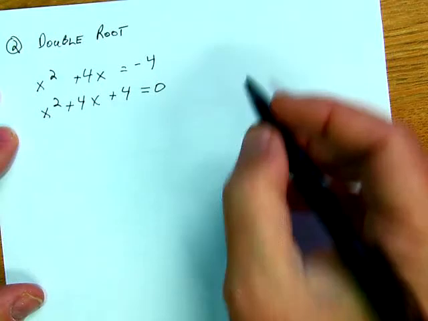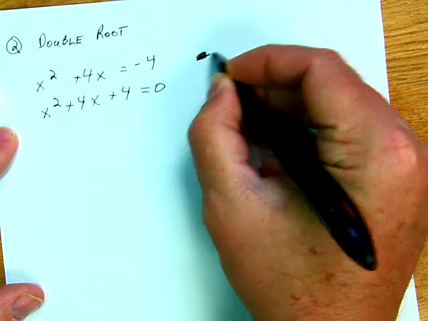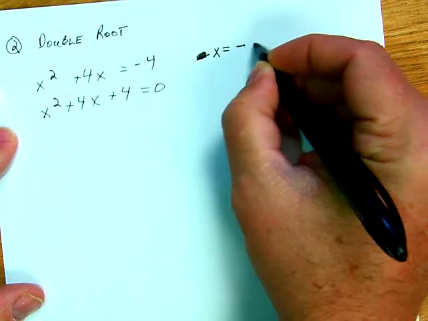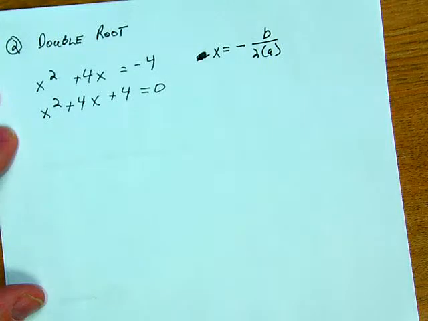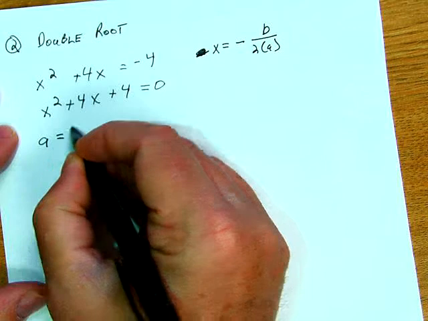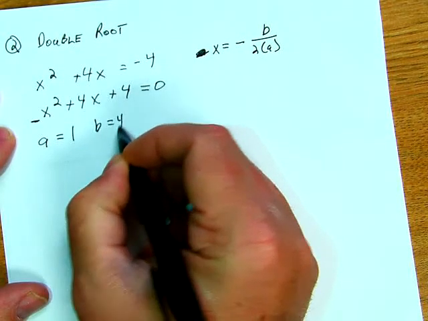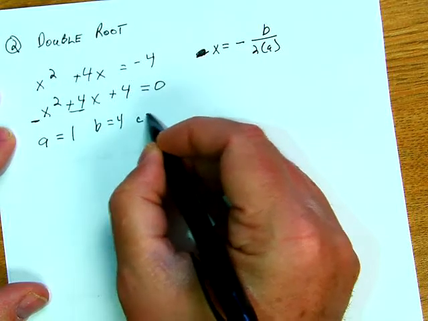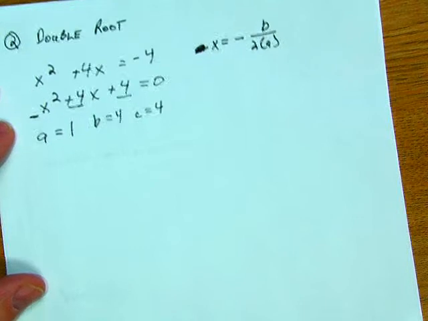So let's find our axis of symmetry. x is equal to negative b over 2a. If we come here, a is equal to 1, b is equal to 4, and c is equal to 4. So now I plug that in.